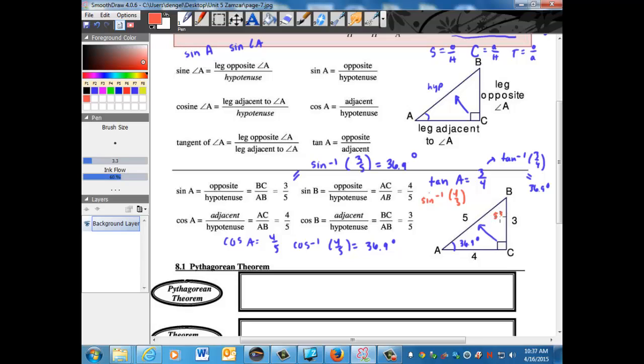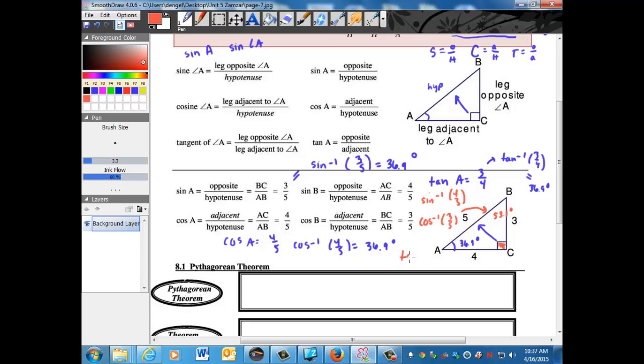And that should make sense as well, because if this angle is 90 right here, then these two angles have to add up to 90 as well, because we have 180 degrees in all triangles. And again, if we were to enter in second cosine of 3/5, we would also get 53.1 degrees.